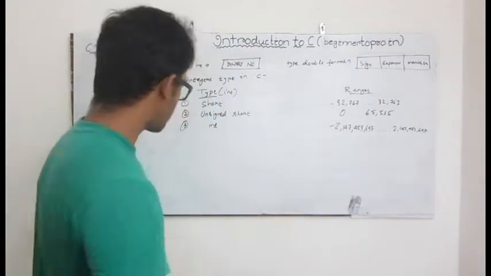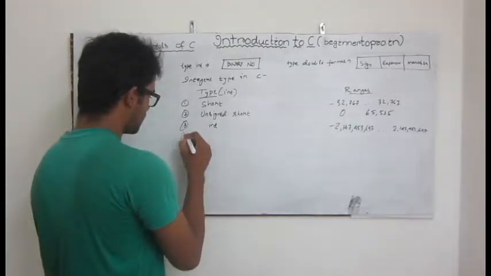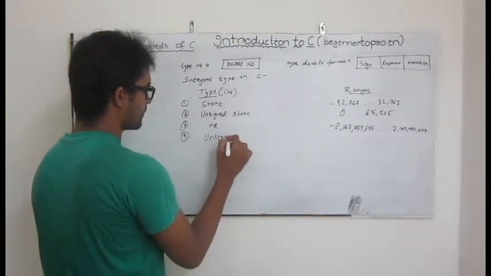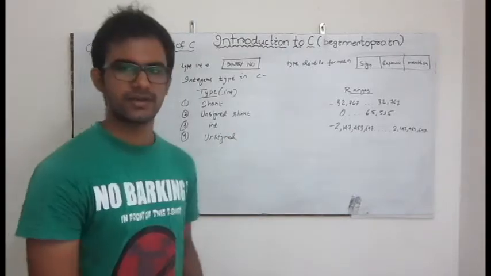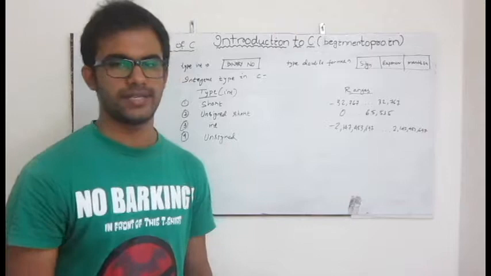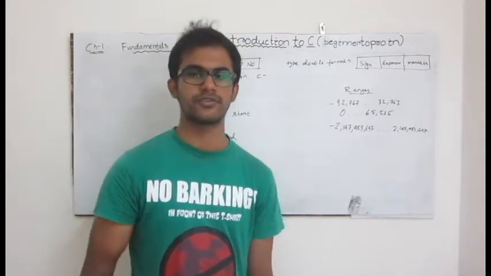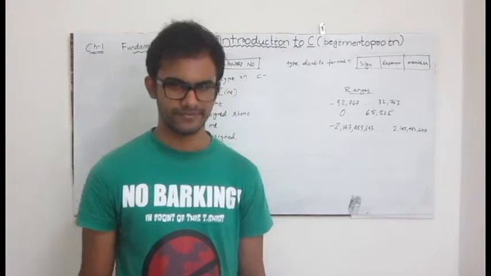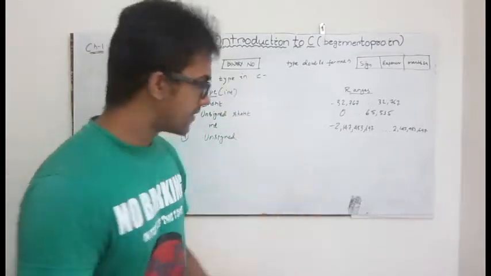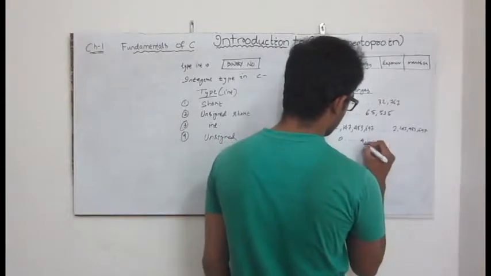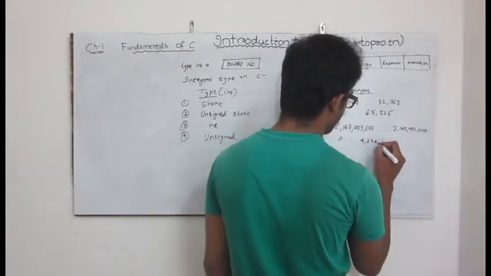So, again, unsigned. It is not unsigned short, it is unsigned only. It ranges from 0 to 4294967295.